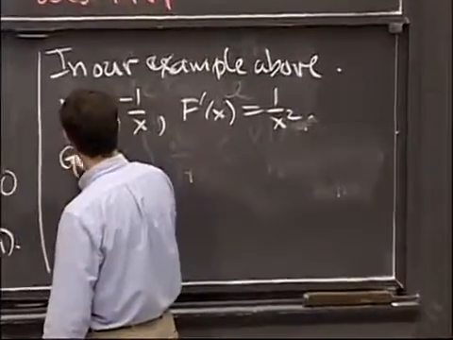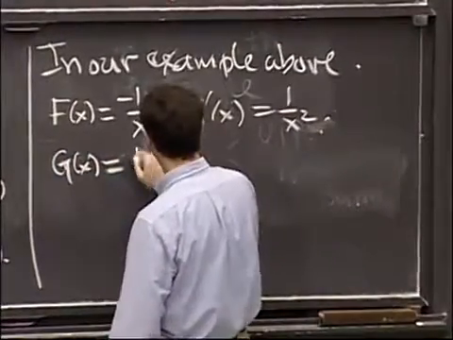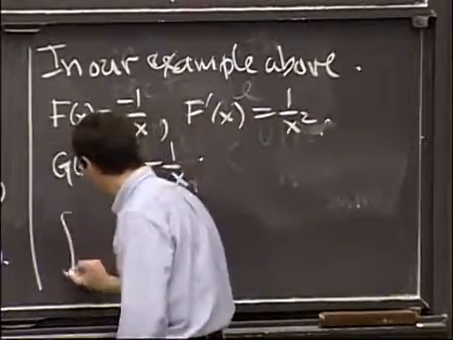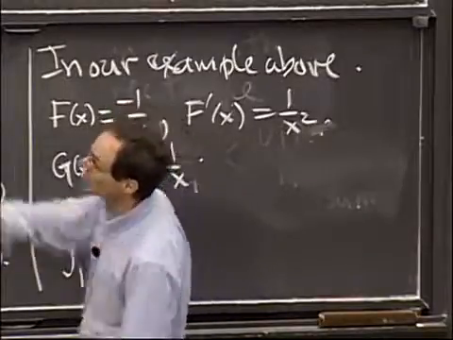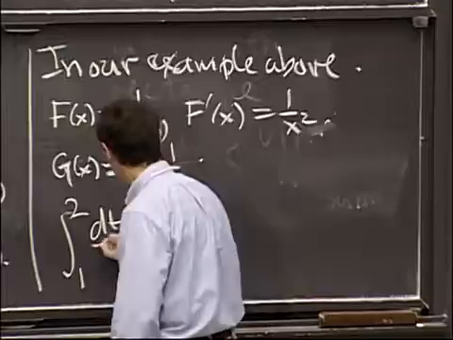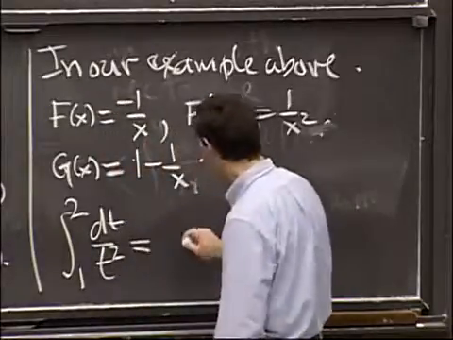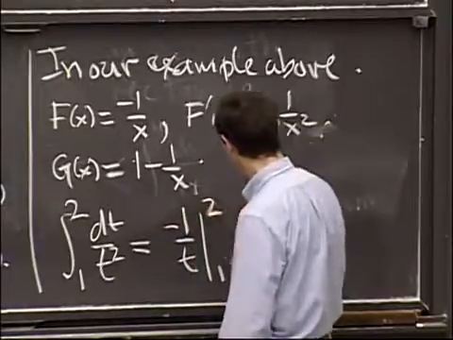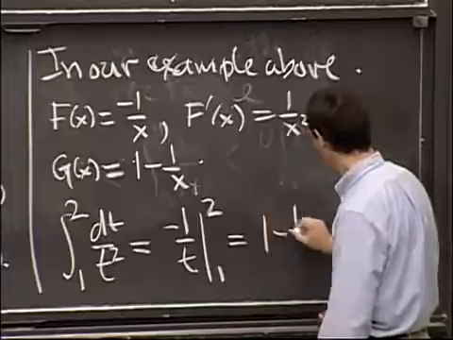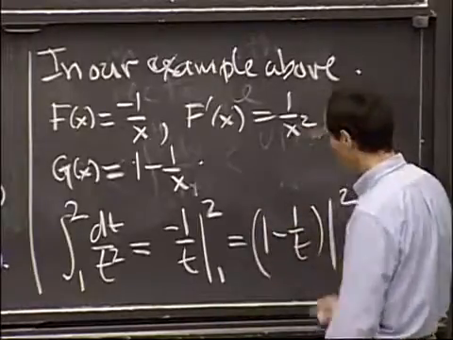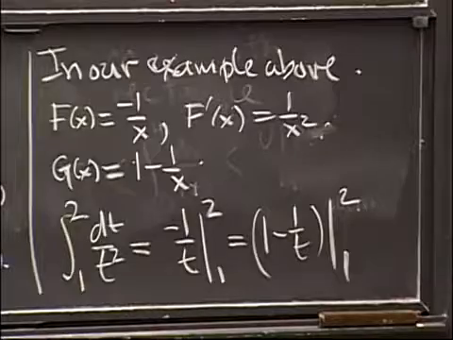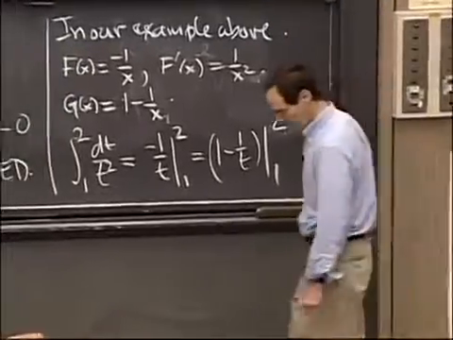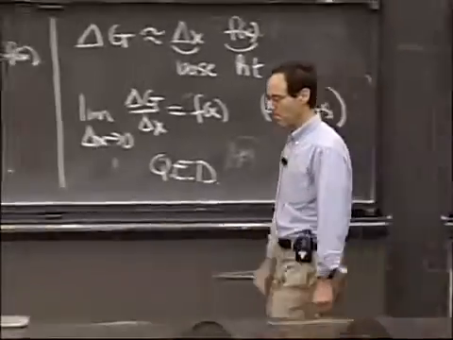And say g of x is equal to 1 minus 1 over x. And you can see that either way you do that, if you integrate from 1 to 2, let's say, which is what we had over there, dt over t squared, you're going to get either minus 1 over t from 1 to 2, or, if you like, 1 minus 1 over t from 1 to 2. So this is the f version, this is the g version. And that's what plays itself out here in this general proof.